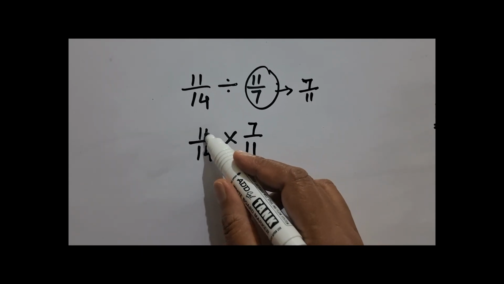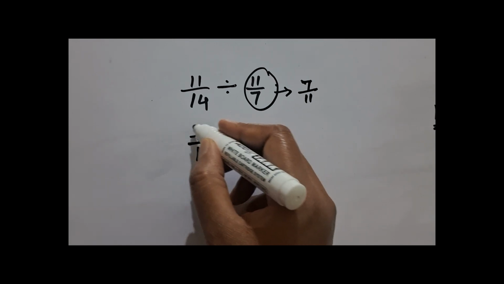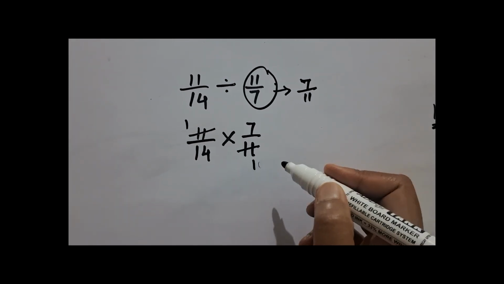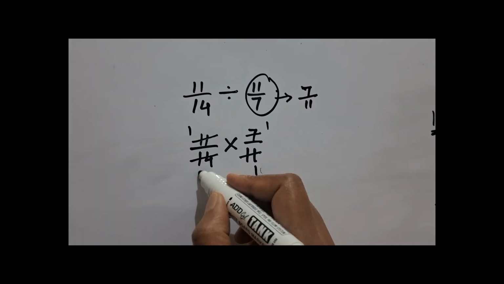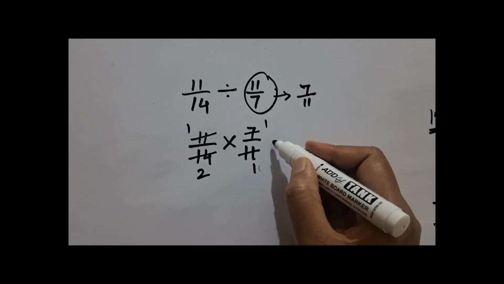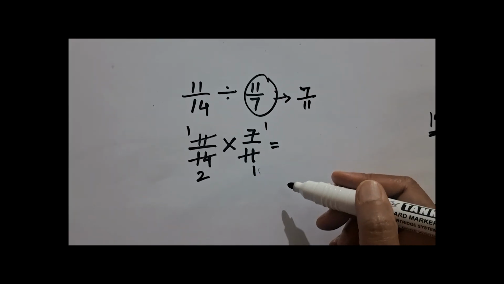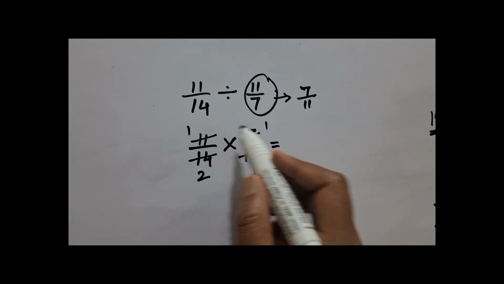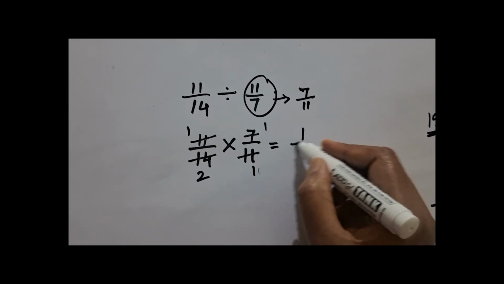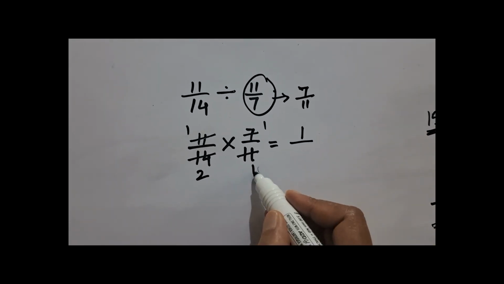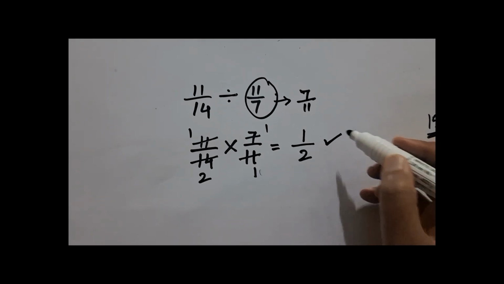So one numerator and one denominator can be cancelled. Here 11 ones are 11, ones is cancelled. Also 7 ones are 7, 7 twos are 14. Okay. Now this numerator and denominator are cancelled. Here in the numerator place what is left over? 1 into 1. That is 1 by 2. In the denominator, 2 into 1, 2. So this is the answer, children.